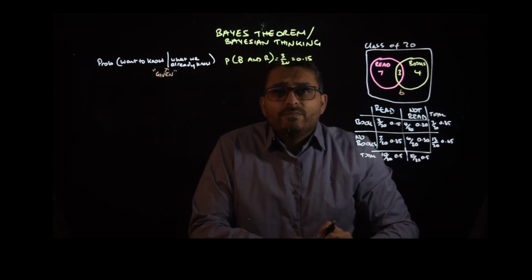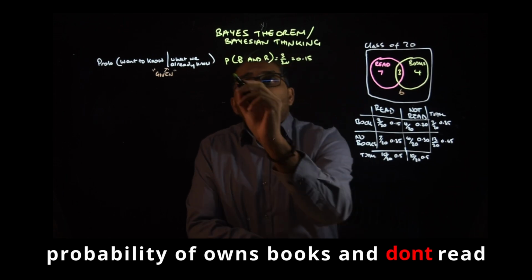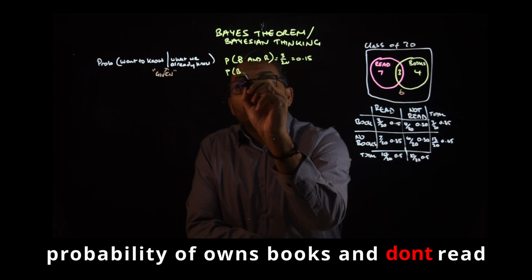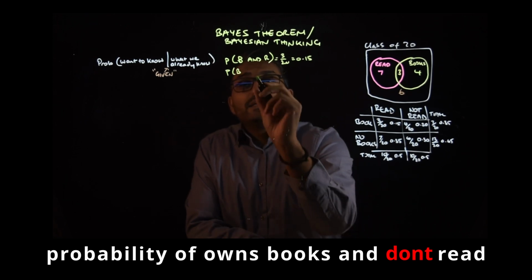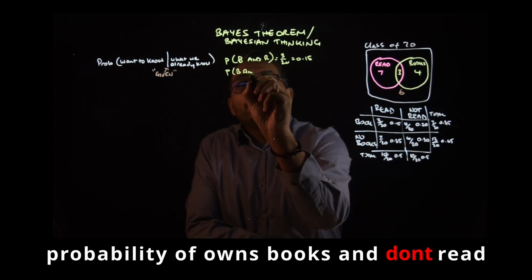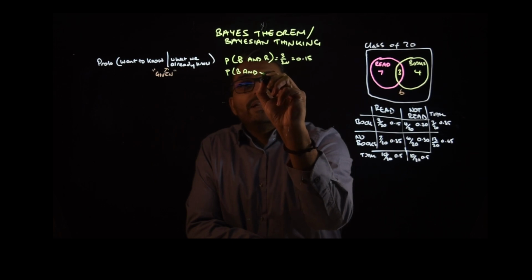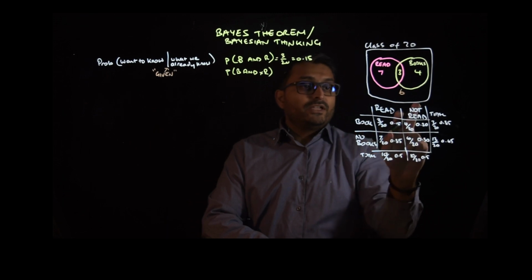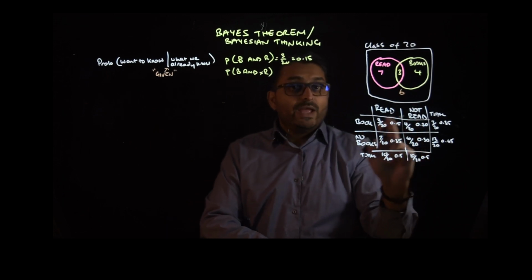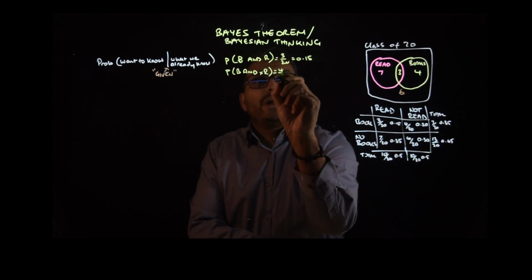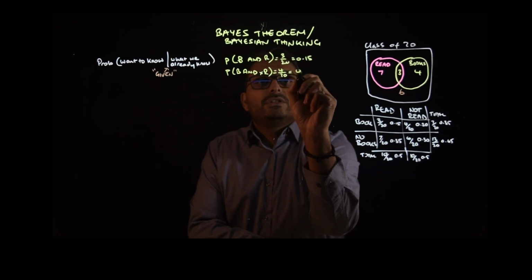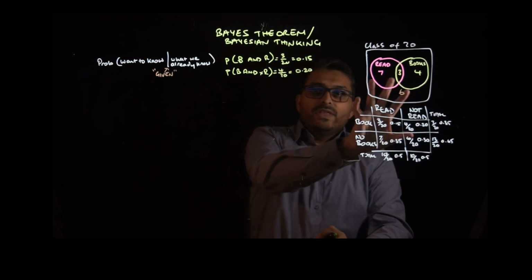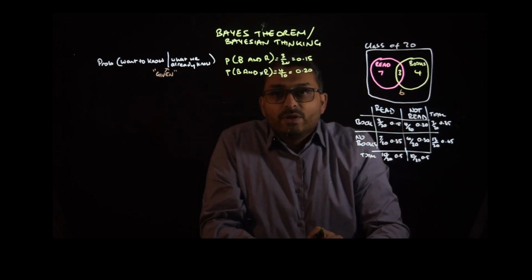What about the probability that they own books and they don't read? So they own a book, but they don't like to read. Well, that's this square here, which is 4 out of 20, which is equal to 0.2. So this was simple probability.